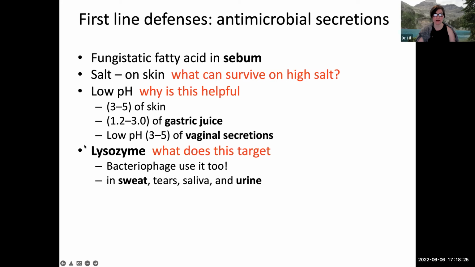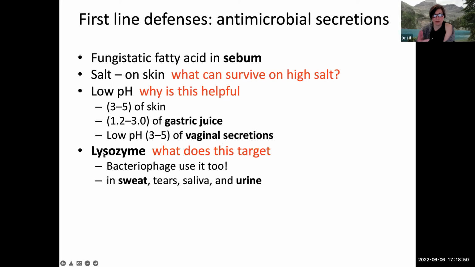Furthermore, there are a lot of bodily fluids like sweat, tears, saliva, and urine, as some examples, that have lysozyme. Lysozyme. What is this enzyme? What does it actually target? What specific molecule does this degrade? That's right.